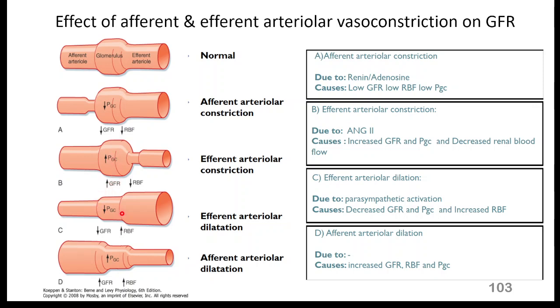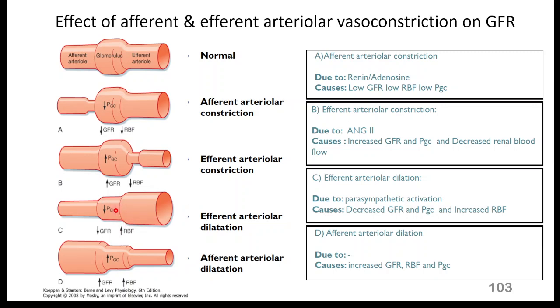Now, in the third option, situation C here, when the efferent arteriole is dilated, as you can see here, this dilation will increase the renal blood flow, because as blood is flowing through here from the afferent to the efferent arteriole, when you dilate any part of the arterioles, it will lead to an increase in the flow of blood, but it will also lead to reduced pressure.